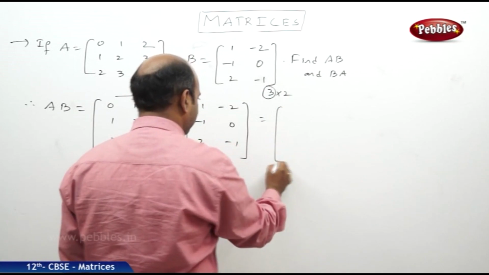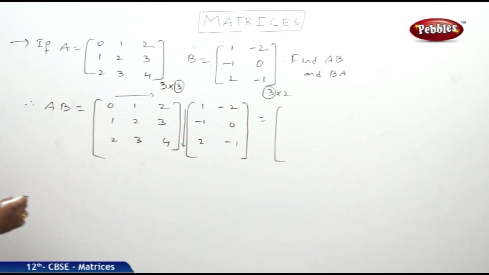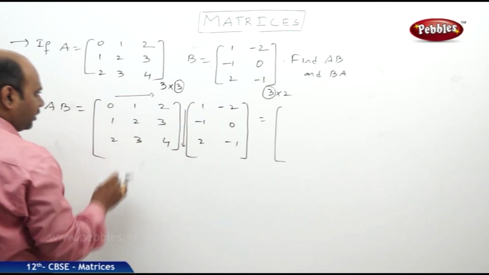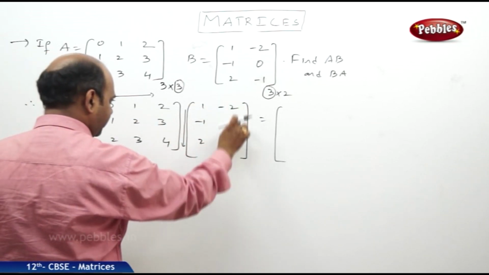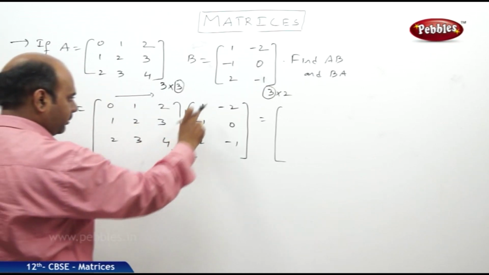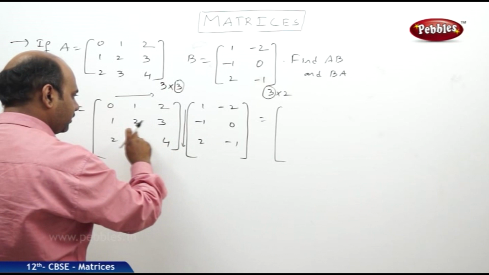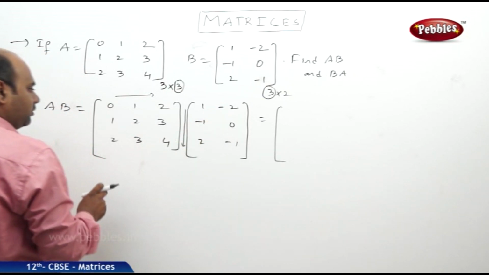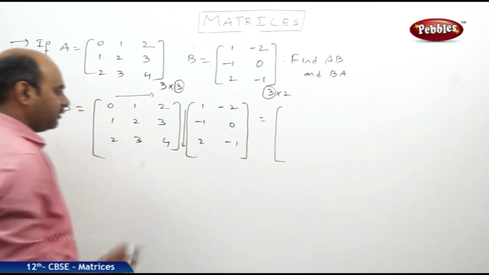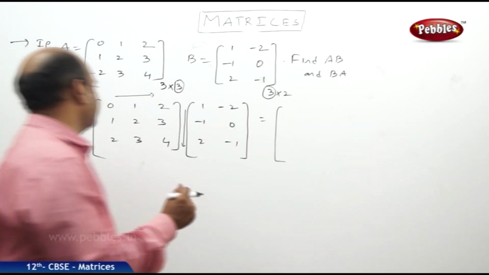At the beginning I will do each and everything clearly. So the first row should be multiplied with the first column and later the first row with the second column. Similarly, the second row with the first column and the second row with the second column. Third row with the first column, third row with the second column.